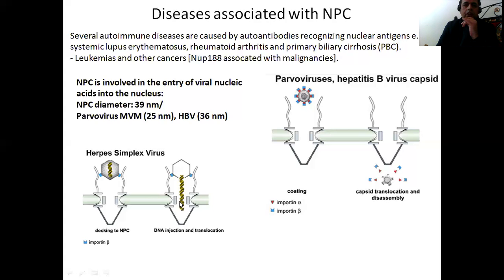So here it's a kind of injection that only the DNA of the virus is going inside the nucleus, but not the capsid. But in the case of smaller viruses, the intact virus is getting inside and uncoating inside.